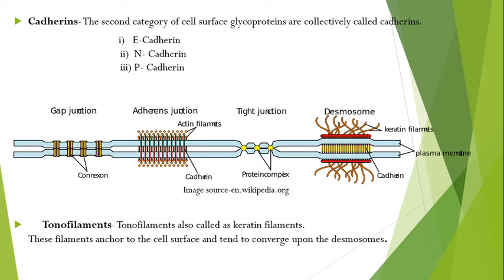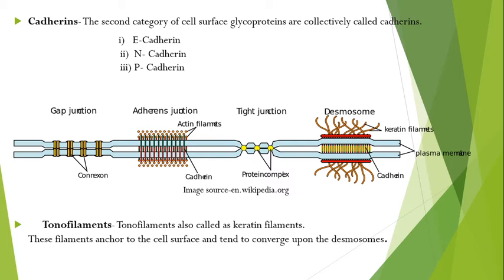Here, the beta catenin family protein plakoglobin binds to the desmocollin, and plakoglobin in turn binds to a plaque protein called desmoplakin.